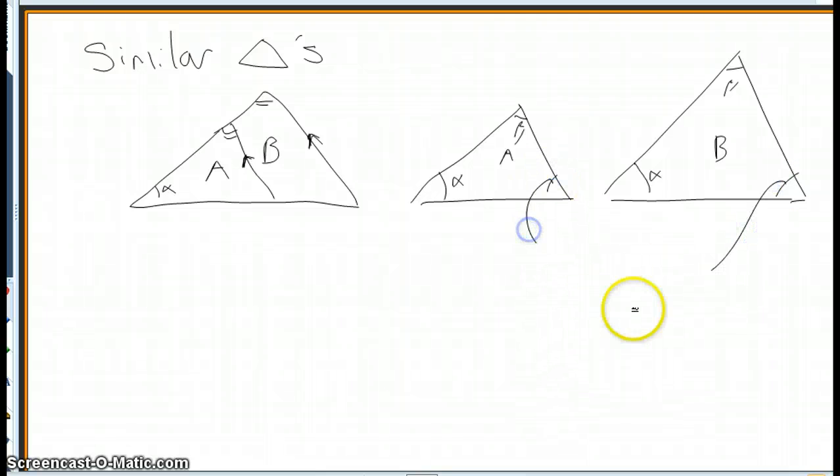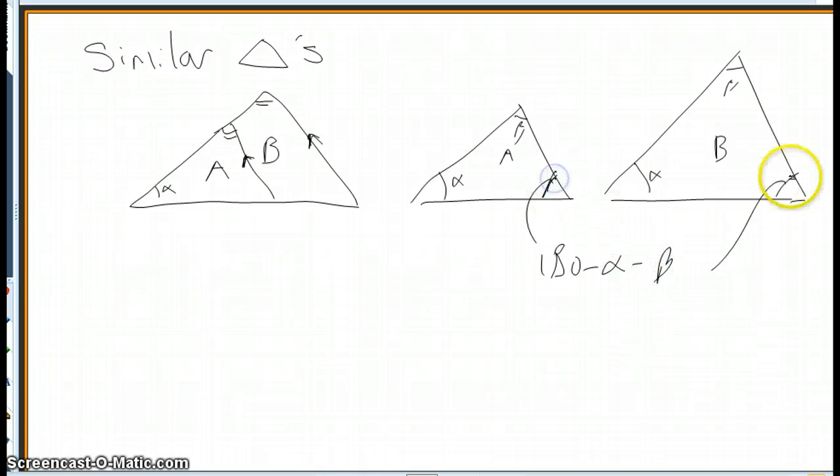I could write the same equation for both those angles: 180, because angles in a triangle add to 180, minus alpha minus beta. That applies to that angle, and also to the other angle.